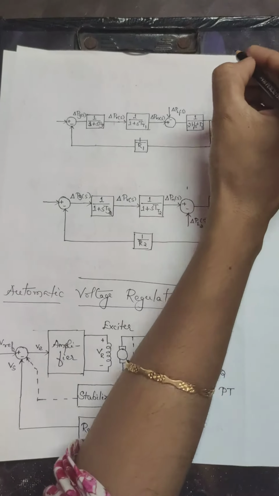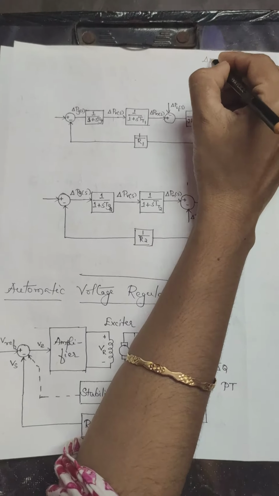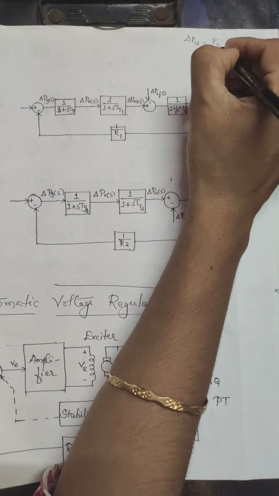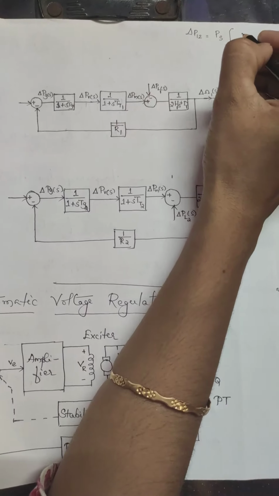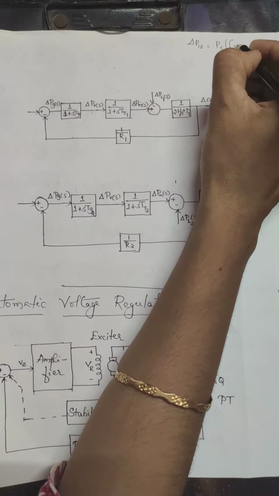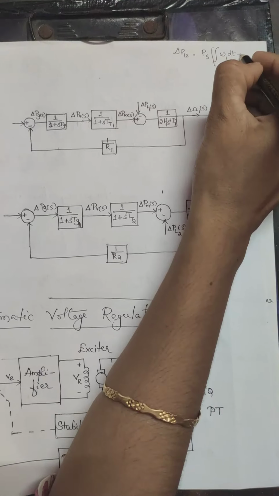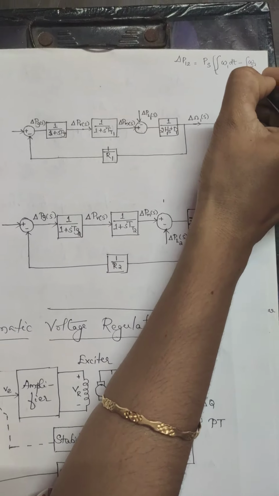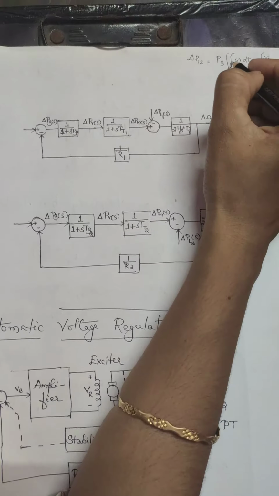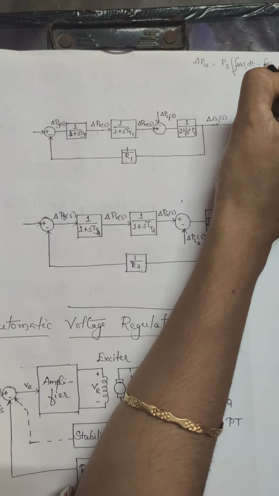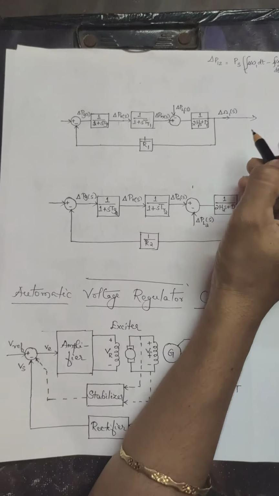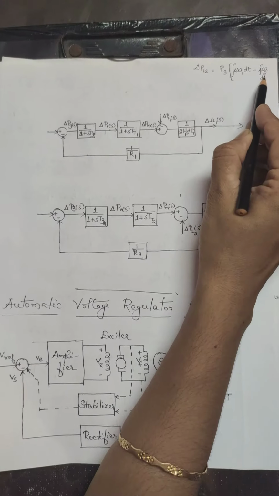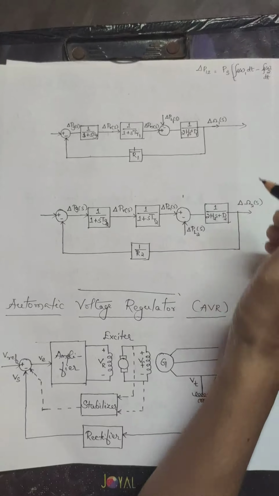It was delta P12 is equal to the synchronizing power coefficient Ps into integral of omega 1 dt minus integral of omega 2 dt. And it was delta omega 1 and delta omega 2. So delta omega 1 minus delta omega 2 you have to take.